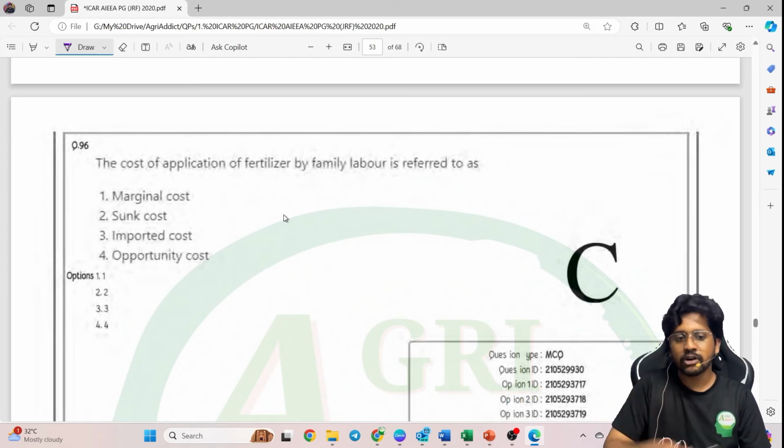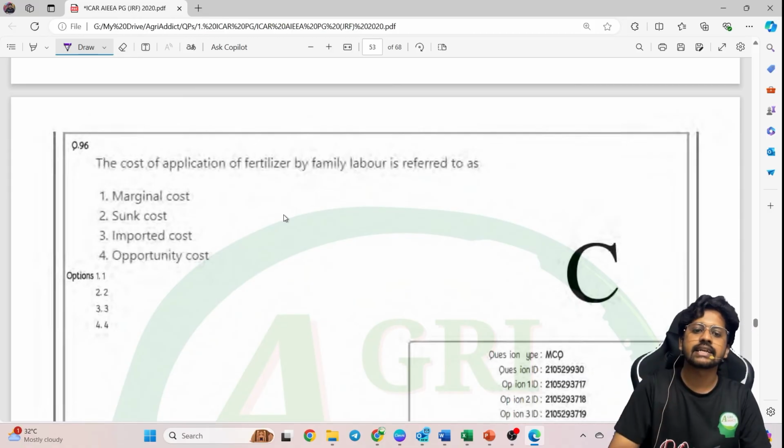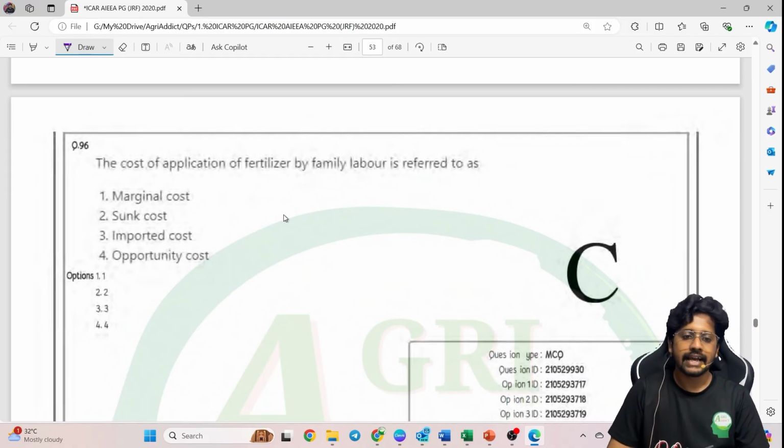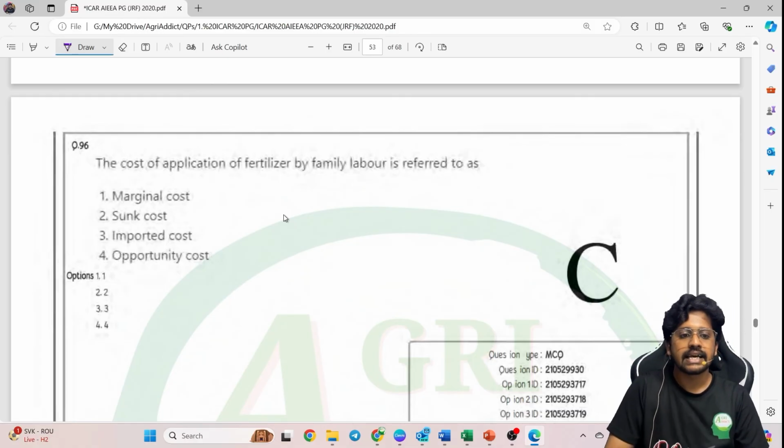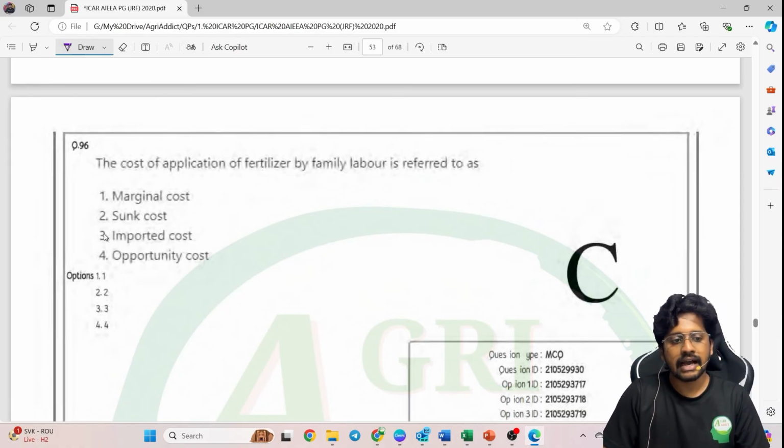But in economic terms, the value of the family labor is involved while considering the economic costs and economic returns. Such self-employed resources will be considered as imputed cost, right? It is considered as imputed cost. Actually the answer given is "imported cost", but there is an error in the option. It is actually imputed cost.